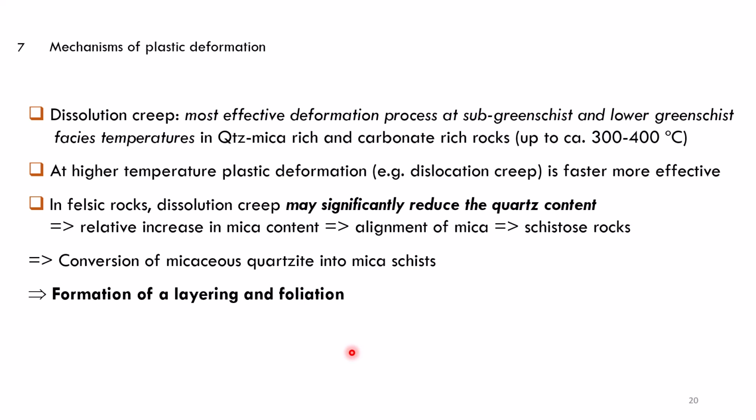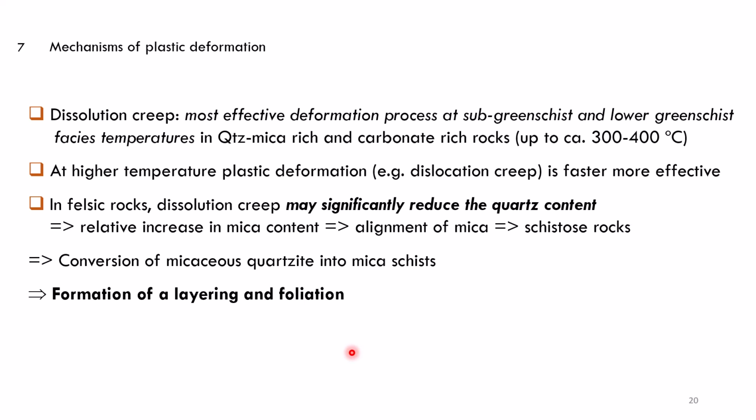As soon as we exceed the lower to middle greenschist facies temperature conditions, plastic deformation in quartz-rich rocks becomes faster and more effective and eventually dominates the structures that we see. However, dissolution creep will stay active as long as there is a fluid present that can dissolve minerals that are present in the rock.